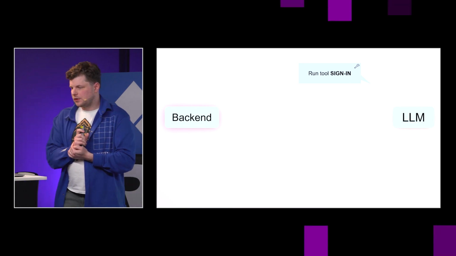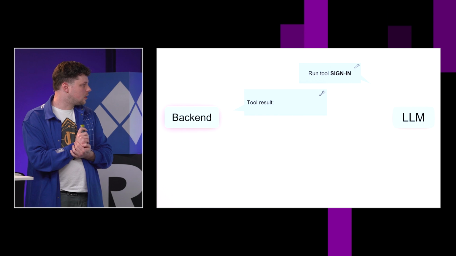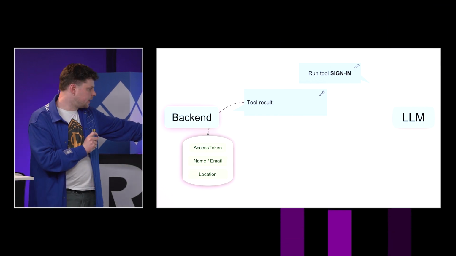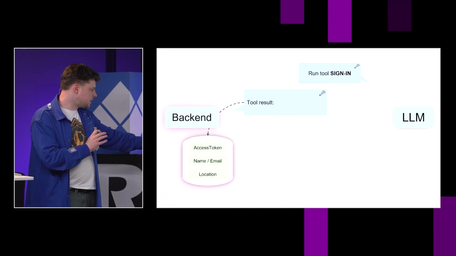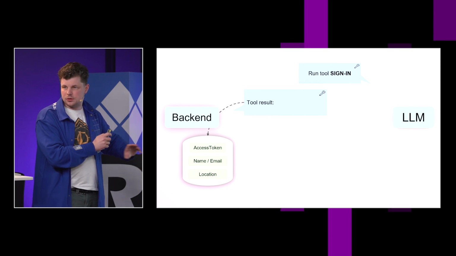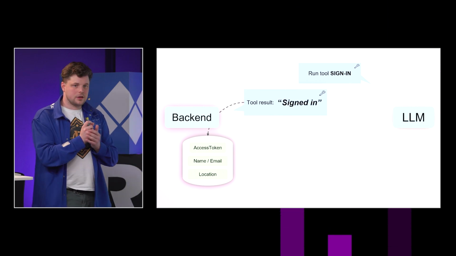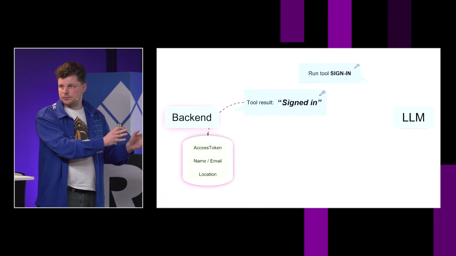When backend runs tool to login user, we created an isolated space. It may contain some confidential information like access token, name, location, and so on. And the result of this tool is just signed in text.